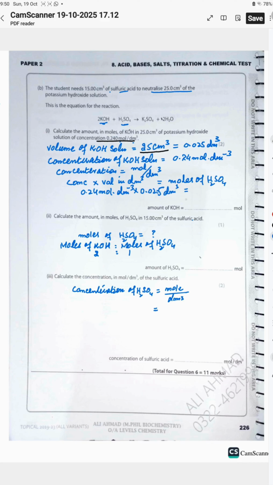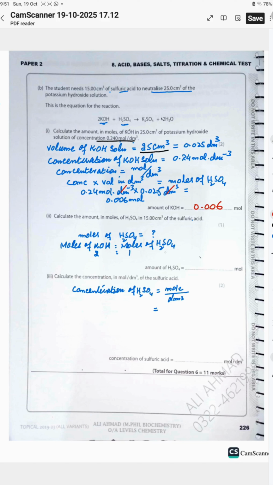So our answer comes to be 0.006 moles. The dm cube and per dm cube will be cancelled out. Your answer will be that the amount of KOH in moles will be 0.006 moles.